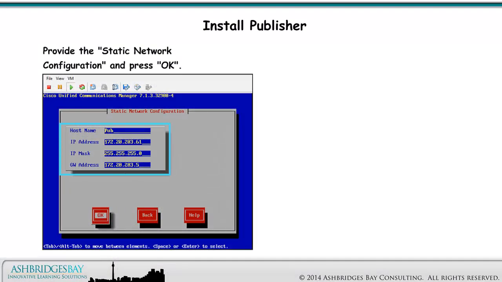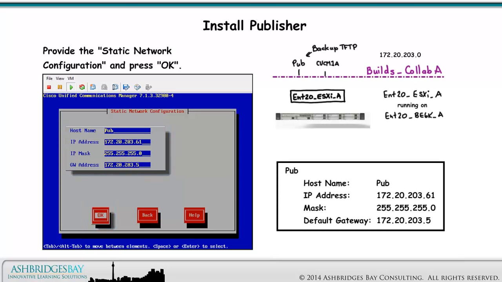Provide the static network configuration and press OK. For Enterprise 20, our VM pub has IP address 172.20.203.61 with a mask of 255.255.255.0 and a default gateway of 172.20.203.5.